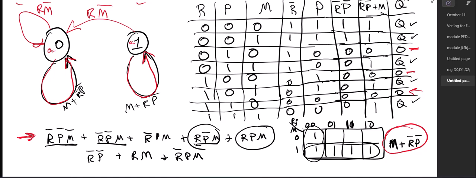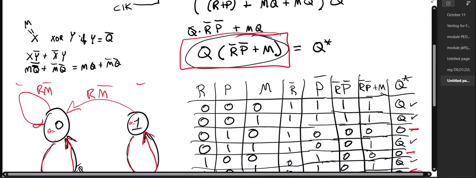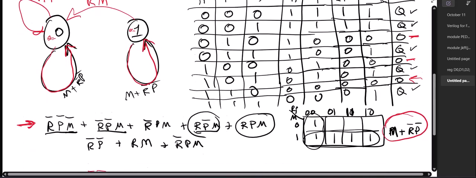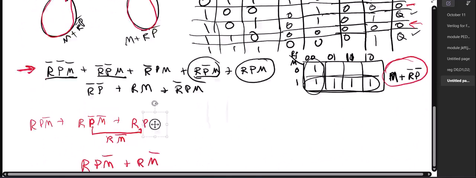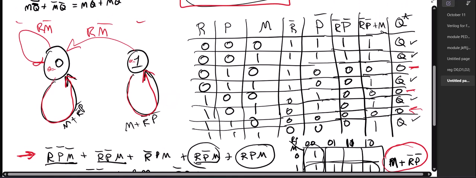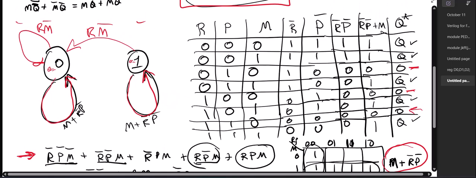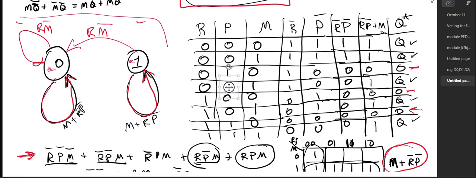And then I looked at the rows that had a 0, and I wrote those here, and I tried to simplify those, and I said if you got R, M bar, you went to 0. And then I ended up with this as my state diagram.